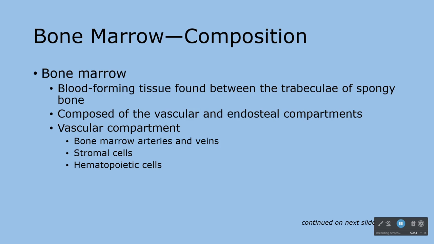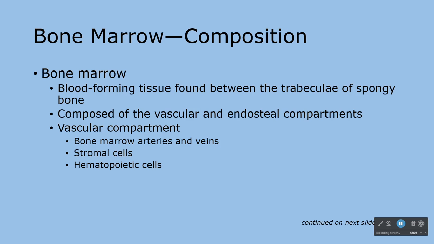And there's pictures in your book, and I think there's a picture on the next couple of slides, okay? The trabeculae are just little open areas of your bone, all right? This is where the red marrow forms, all right? And I keep saying red marrow because there are two different types of marrow.